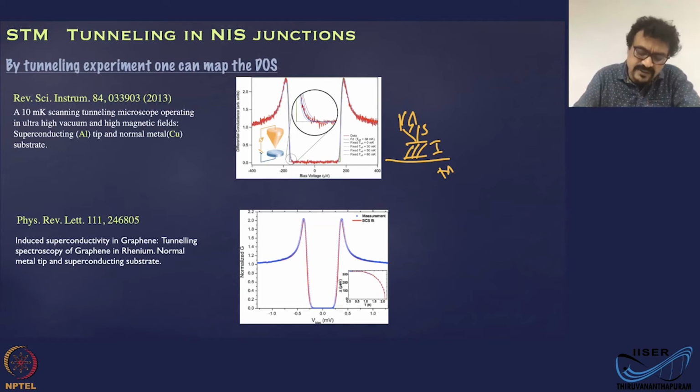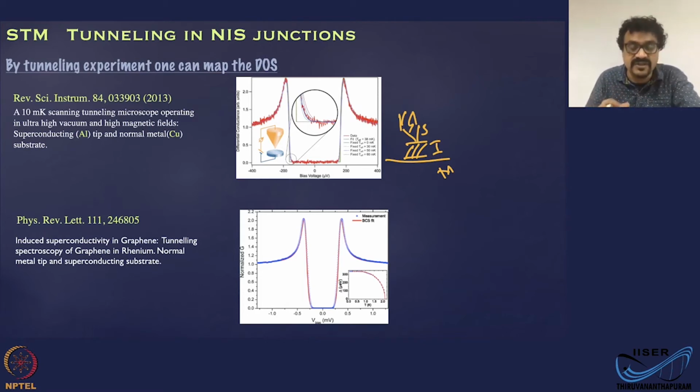You can do the same measurement just by having a normal metal tip and a superconducting substrate or surface. That is also going to give you the same information. In this experiment, you have a graphene substrate which has induced superconductivity by proximity.